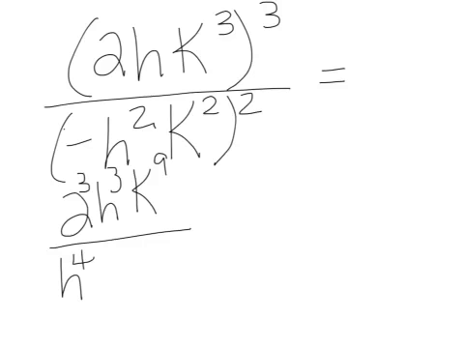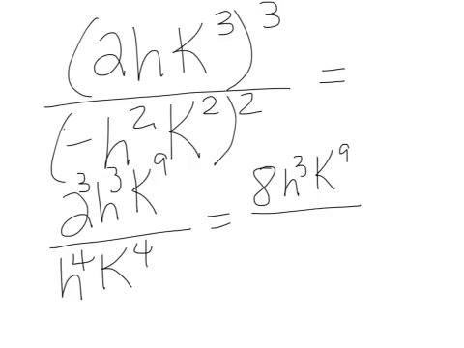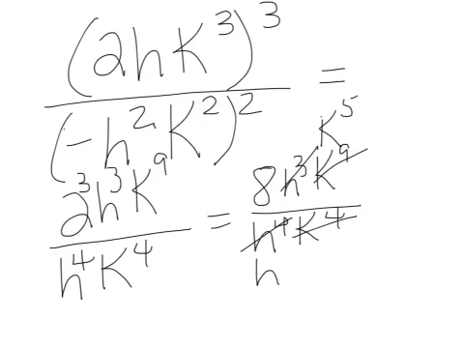That will be h to the fourth, k to the fourth. Well, 2 cubed is 8, and it will be h cubed, k to the ninth, over h to the fourth, k to the fourth. 3 h's on top, 4 on bottom, leaves us an h. 4 k's on bottom, 9 on top, gives us k to the power of 5. So our final answer is 8k to the power of 5 over h.